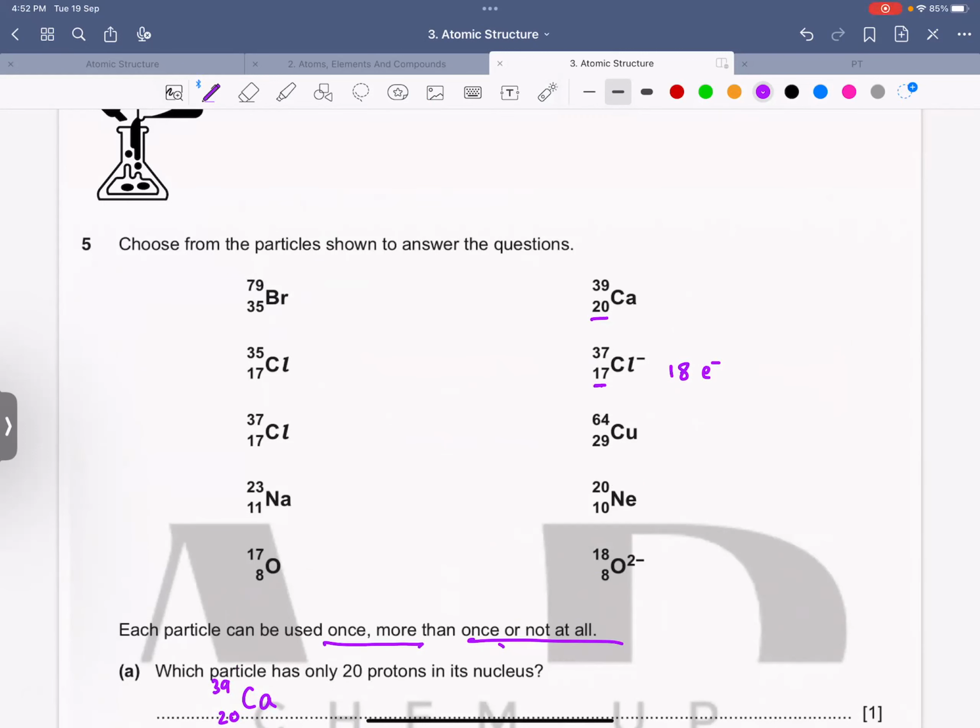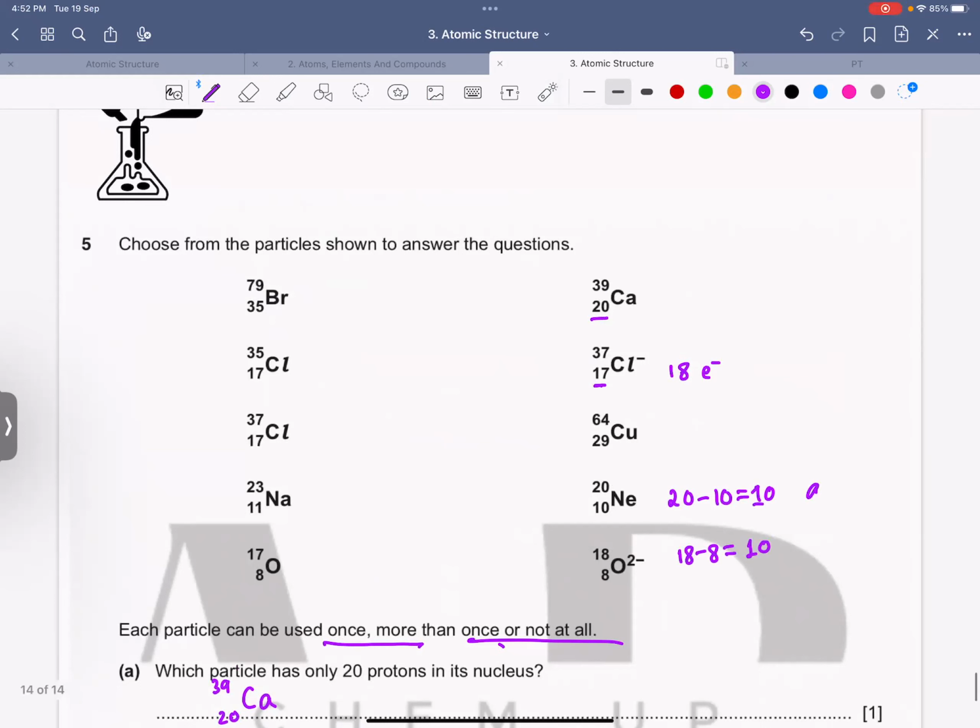There is chlorine, there is 37 and 17. We got 20, 37, and E. So here, if you subtract 20 minus 10, you will get 10 neutrons. And here, 18 minus 8, you will get 10 neutrons, right?